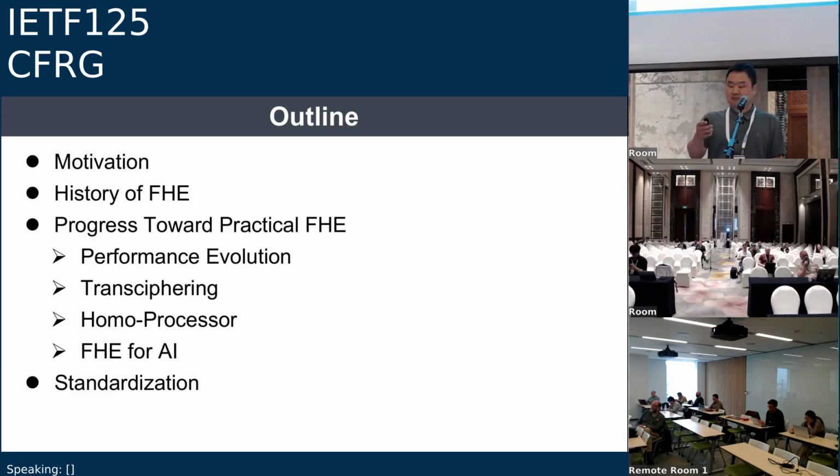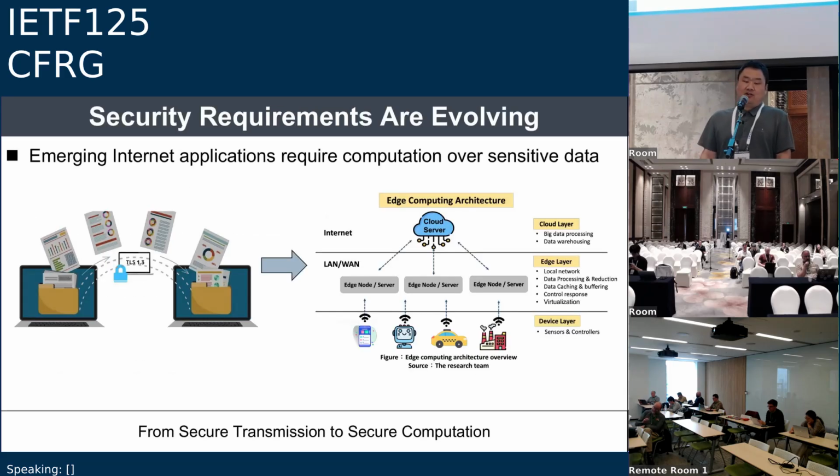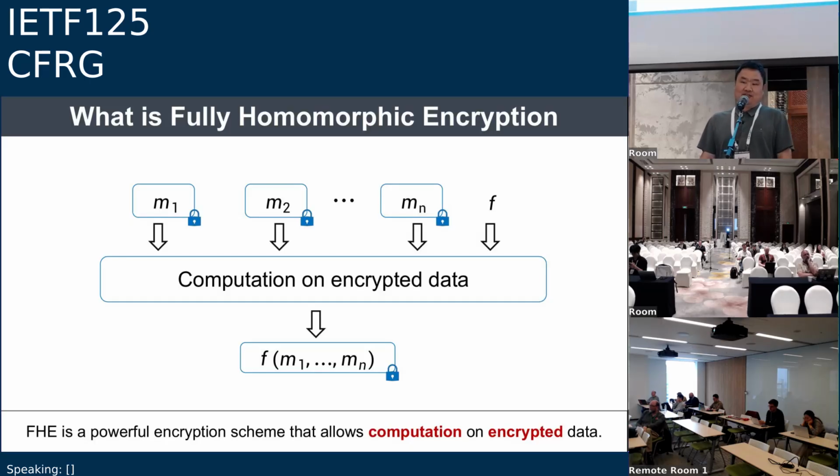First of all, during a very long period of time, the internet mainly focused on the security of communication. But in the last two decades and in the future, we need to consider more and more security in computation. To do this task, the traditional symmetric and public key encryption is not powerful enough. We need more powerful primitives.